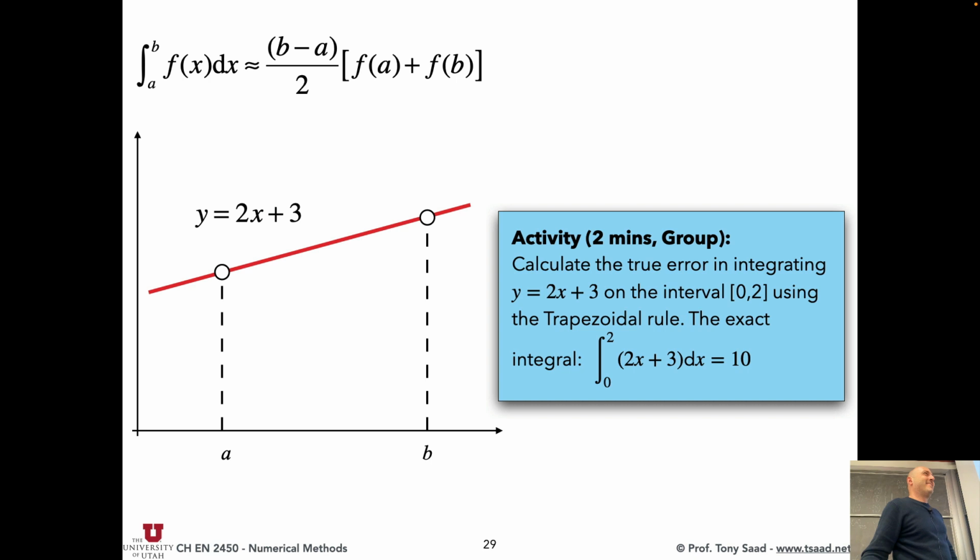Calculate without evaluating the trapezoidal rule. What is the true error in integrating y equals 2x plus 3 on the interval 0 to 2?